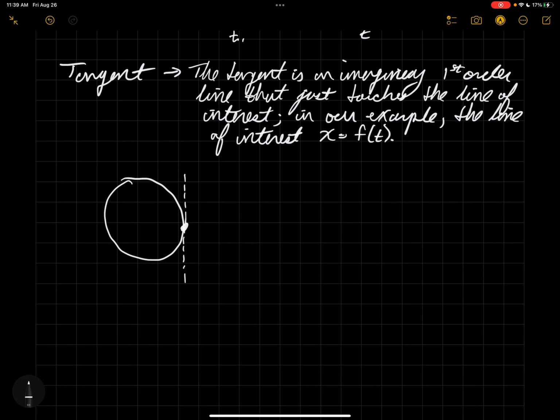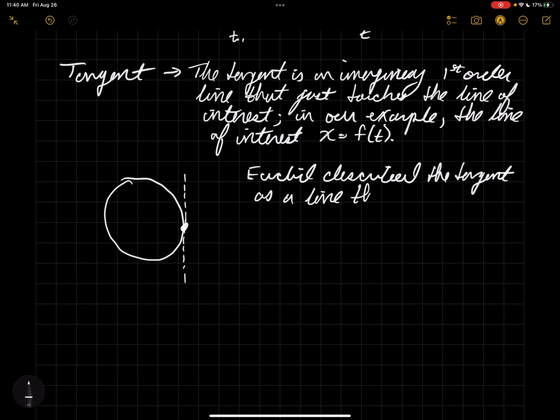Basically, Euclid described the tangent as a line that intersects the circle once and only once.